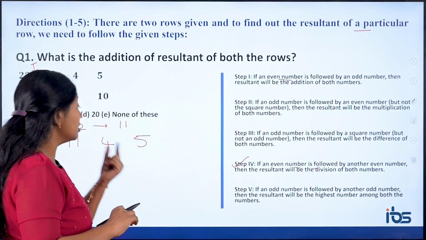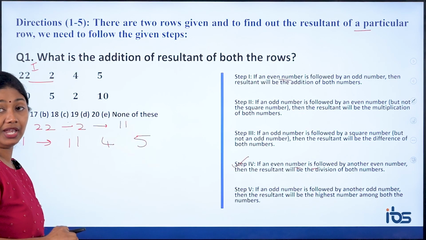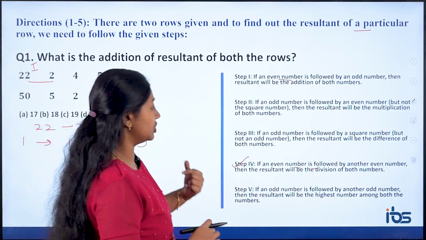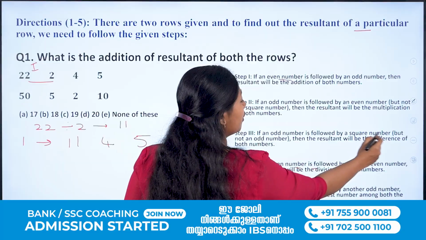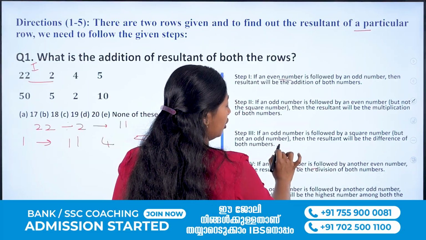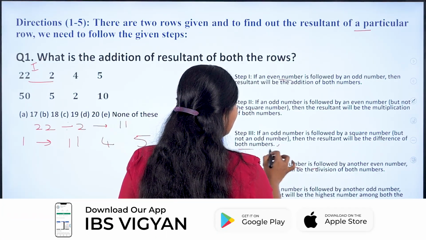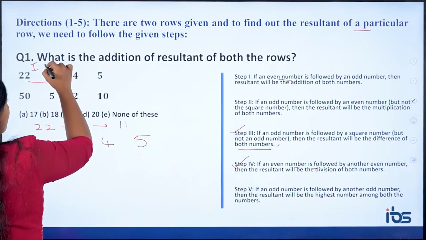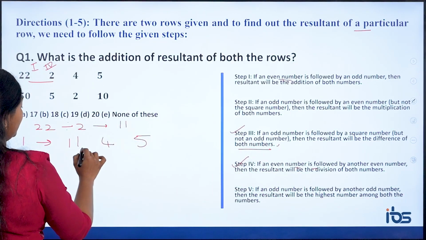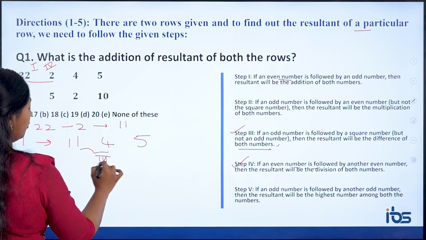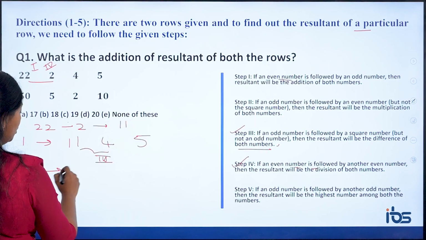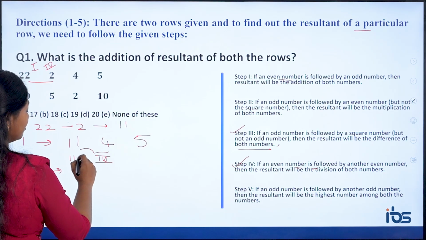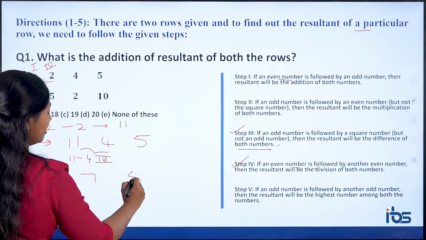But we have a square number, 11 followed by a square number. In which condition? If an odd number is followed by a square number, but not an odd number, then the resultant will be the difference of both. If we apply step 3 here, we get 11 minus 4, that is 7, and 5.